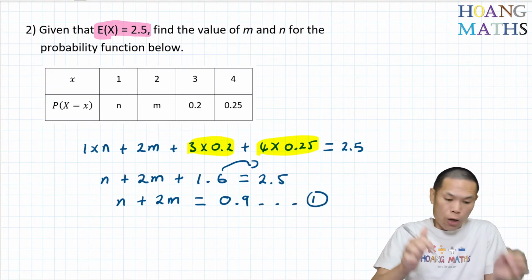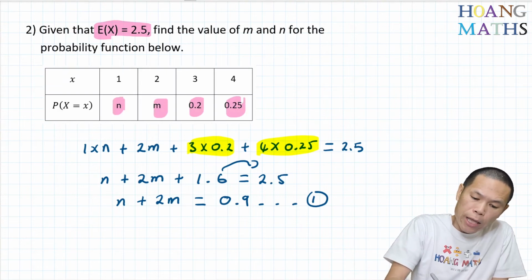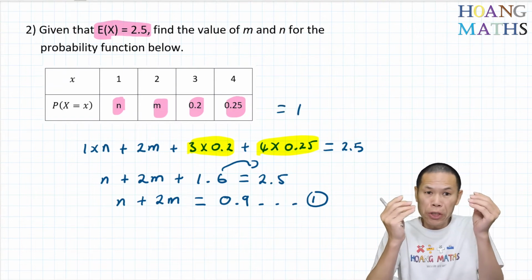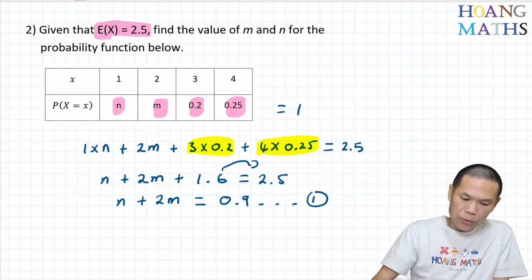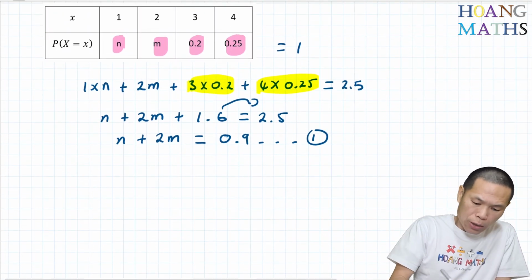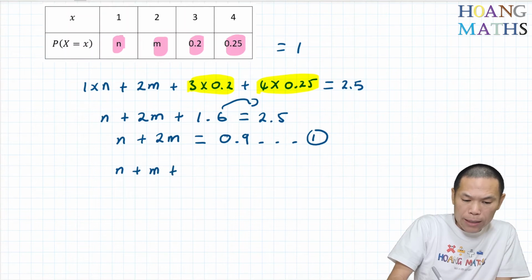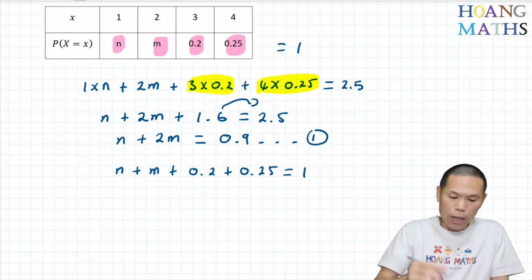And we know that all these probabilities added together must be equal to 1 because it is a probability function. So they must add up to 1. So in other words, n plus m plus 0.2 plus 0.25 gives me 1. And then now we just collect like terms.